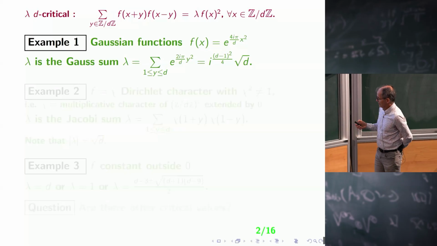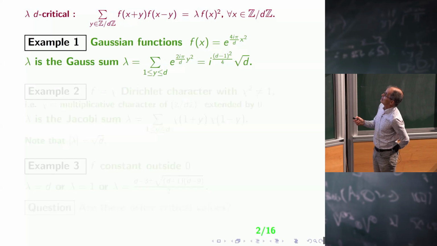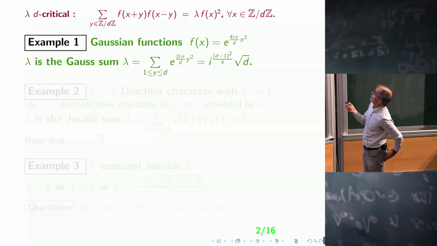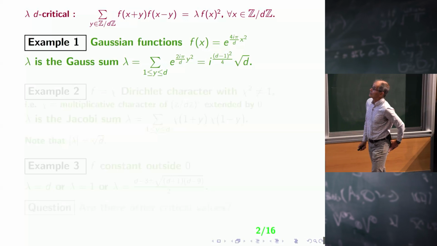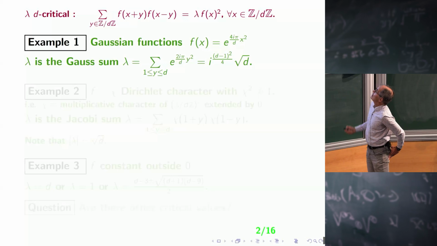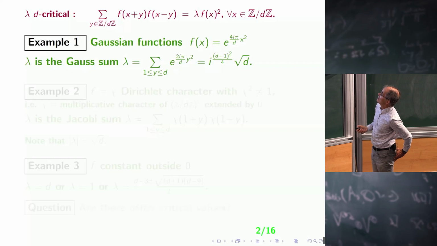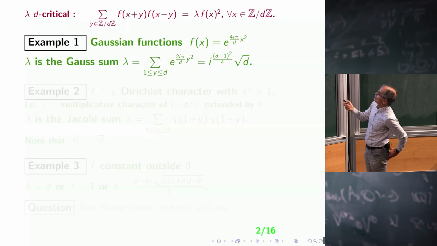I have written again the equation above, which says that lambda is D-critical. If, for instance, you take a Gaussian function, so take a dth root of unity, and f of x you raise it to x squared. So that's a Gaussian function. You plug this function inside this equation. You see that the double product simplifies, and so it's a solution of this equation.